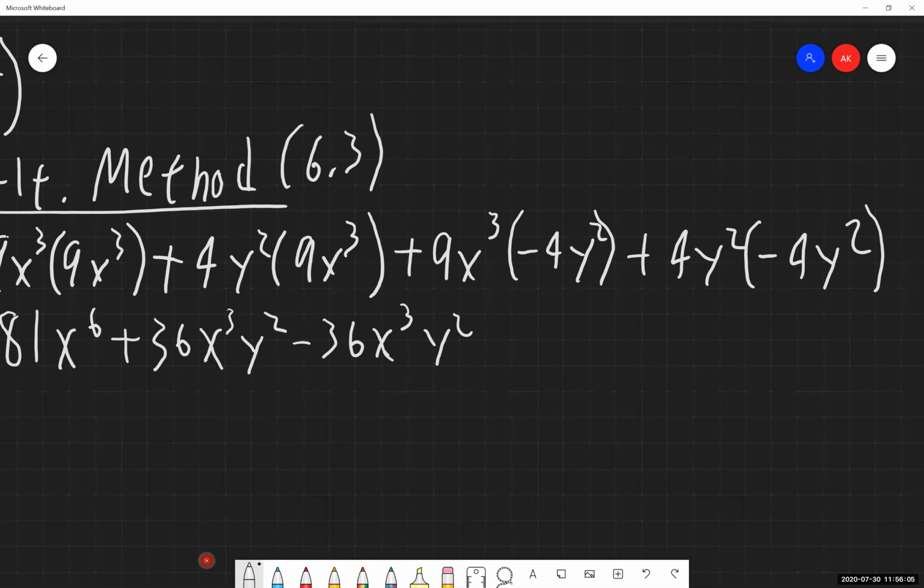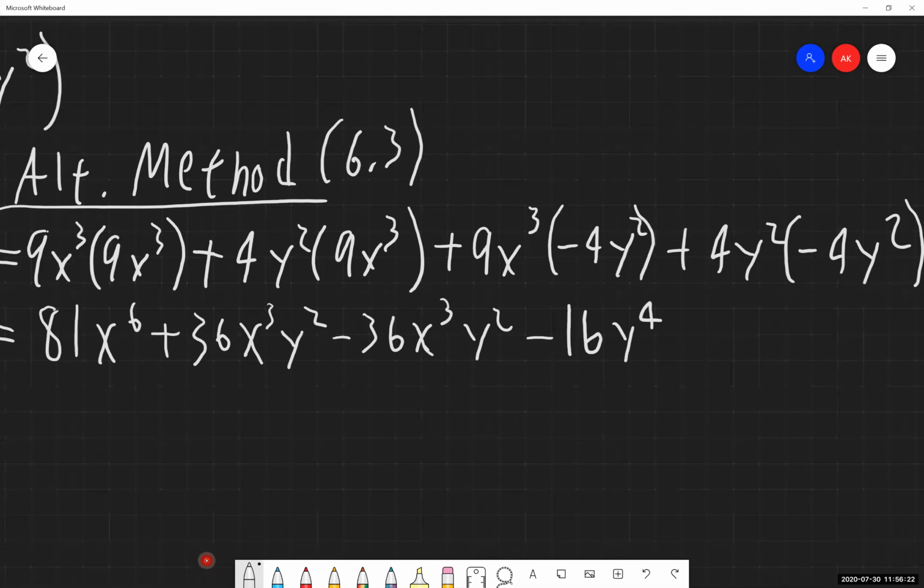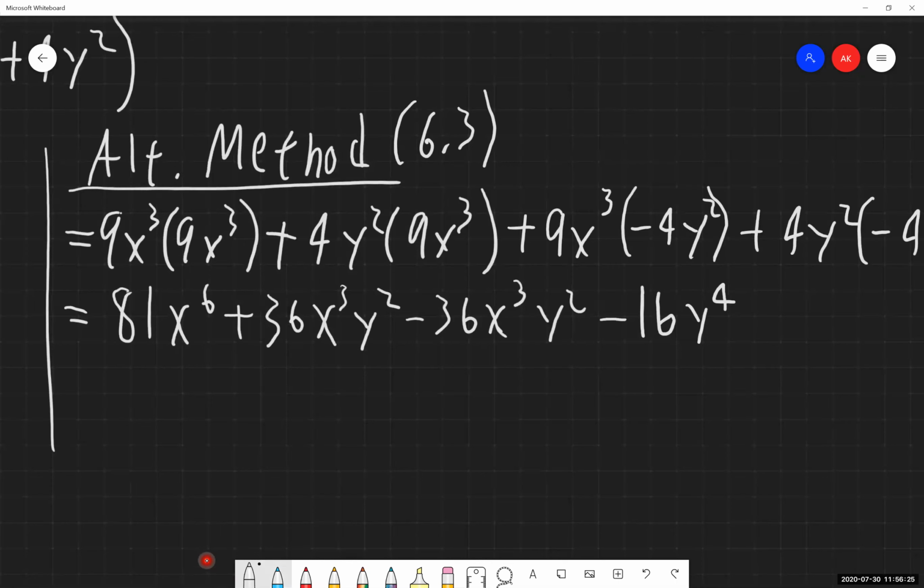Now with our last term, 4y squared times negative 4y squared, I should say. Numbers first, positive times a negative is a negative. 4 times 4 is 16. Y squared times y squared is y to the 4th. And now I'm combining like terms where I can. I have an x cubed y squared, x cubed y squared.